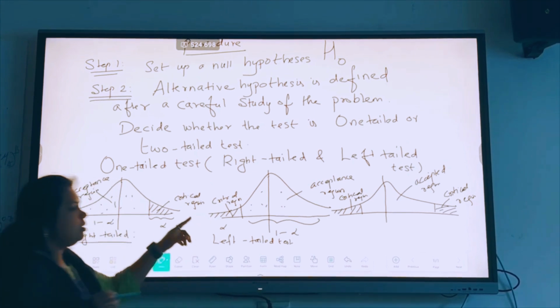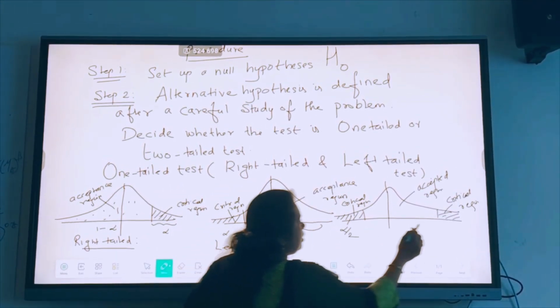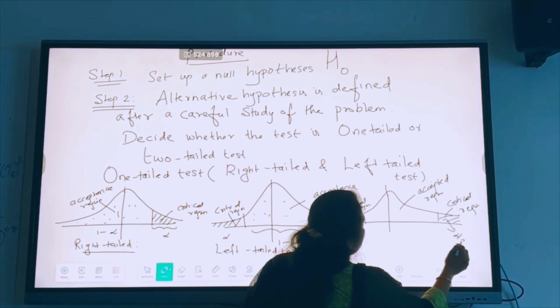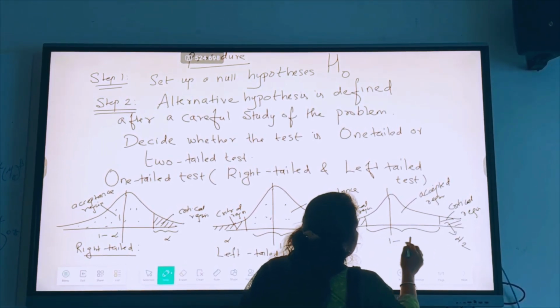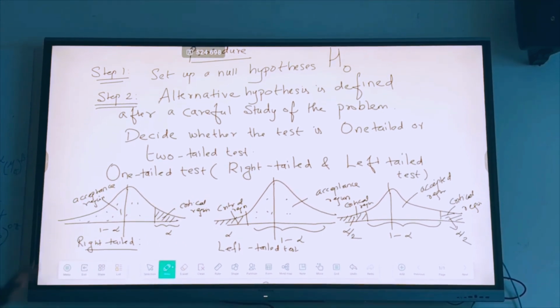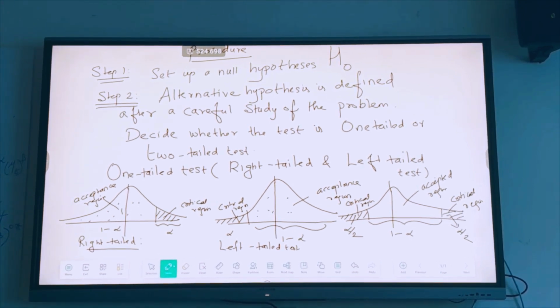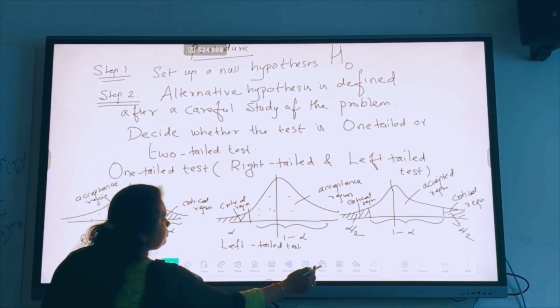So, for the two-tailed test, this value will be alpha by 2, and this will be alpha by 2. This will be 1 minus alpha. So altogether you get the total probability to be 1. So this is the picture for the test, how to identify. So this is step 2.